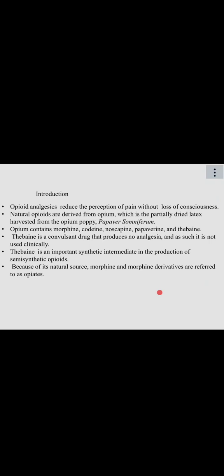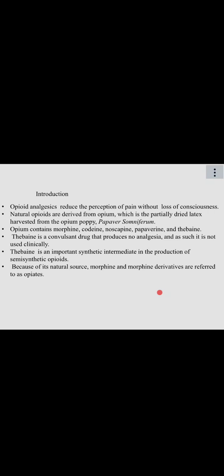So yes, starting with the narcotic analgesics and just an introduction. We can note that opioid analgesics reduce the perception of pain without loss of consciousness. So these are analgesics. They do not have any other characteristic like anti-inflammatory or antipyretic, as we have discussed before with the non-steroidal anti-inflammatory drugs.